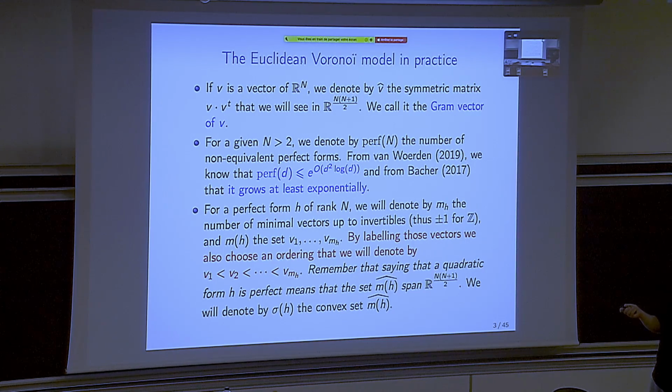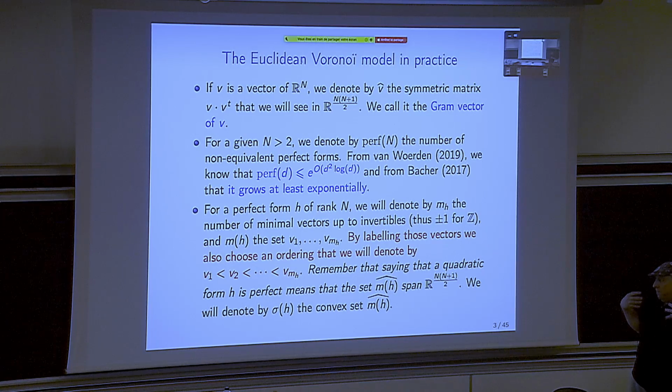If we have a perfect form H of rank n, I will denote by m_H the number of minimal vectors up to invertible, meaning you will have to make a choice. In this case, it is just plus or minus 1.